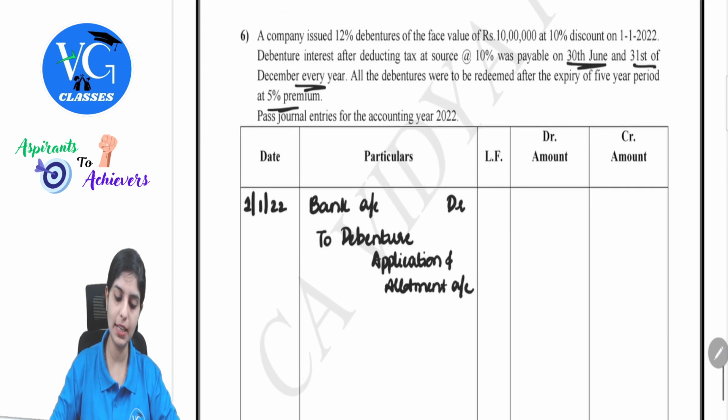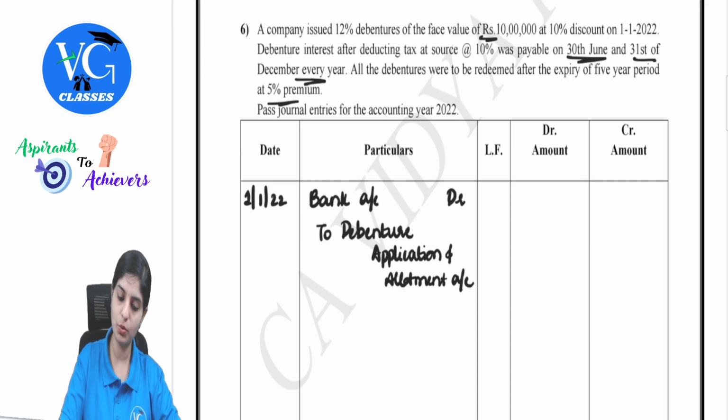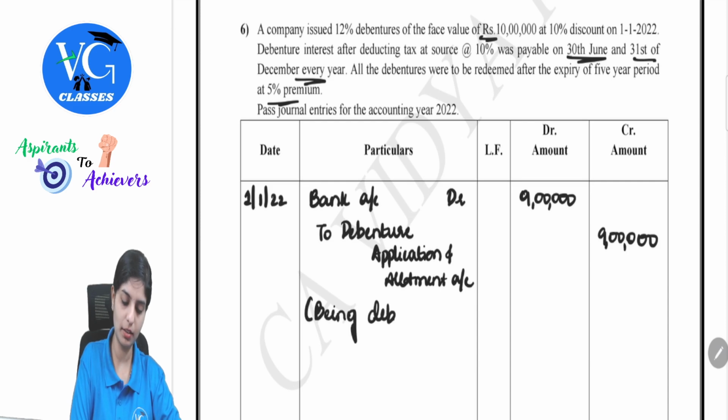So how much is received? 10 lakh at 10% discount, so this will be 9 lakh. Being debenture application money received.